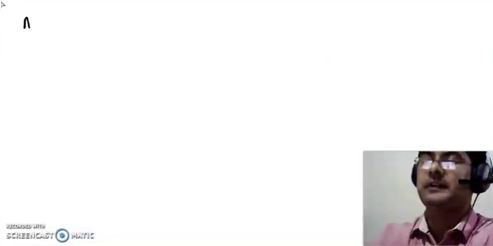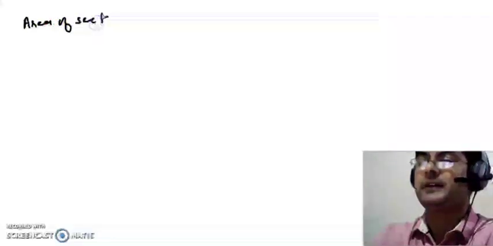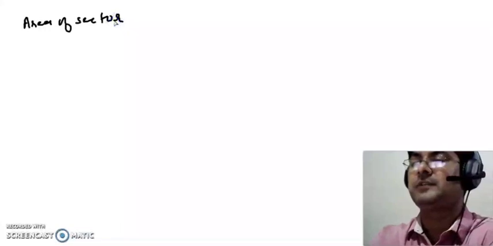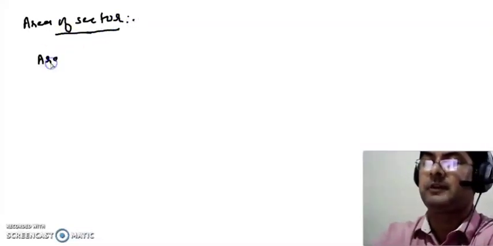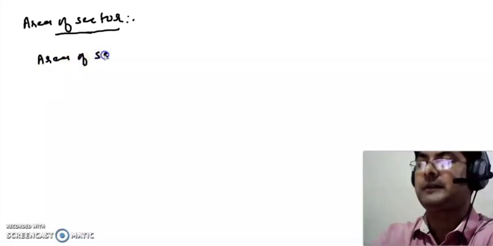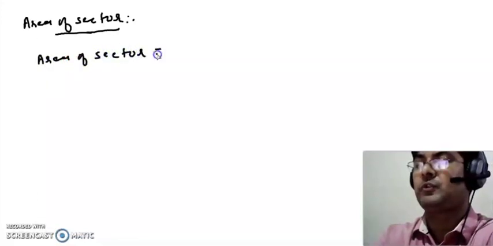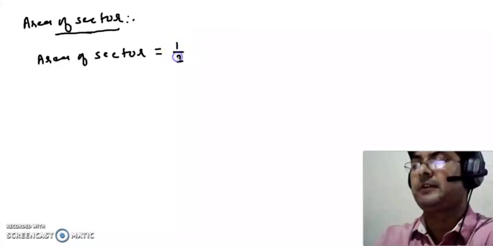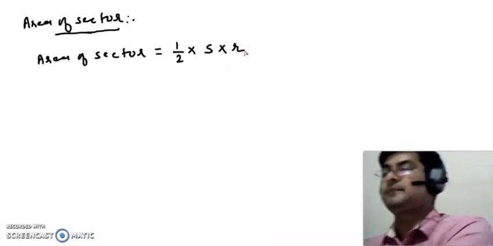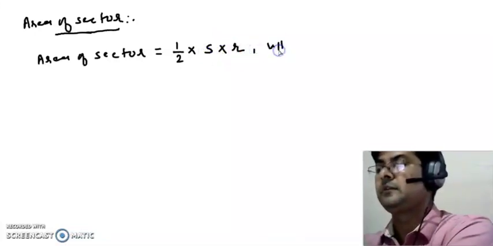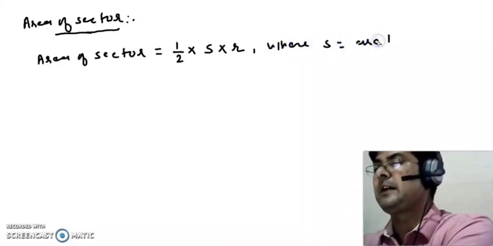Area of sector. In the lower class we have studied the formula for area of sector, which is given by half into S into R, where S is the arc length.